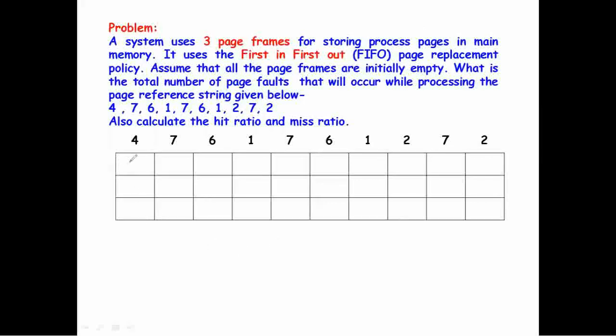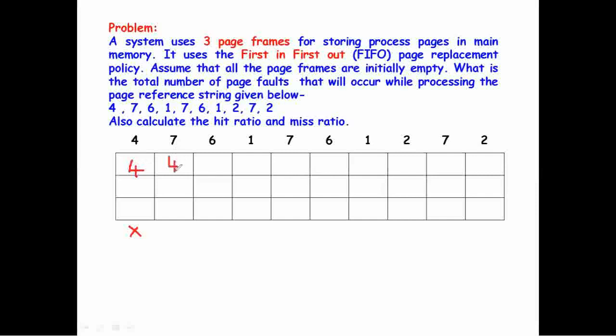Initially, these frames are empty. 4 is not available in the main memory, so a page fault occurs. Now 4 has to be brought into the main memory. So it will be placed in the first free frame. Here, among the available 3 frames, 4 has entered main memory.